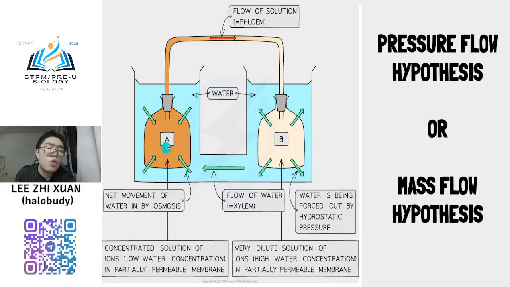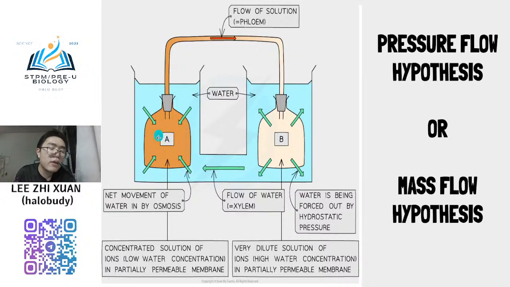So what does it mean? It means that A is the source. If you apply it to the plant, it is the leaf. Why is it a leaf? Because water molecules are diffused into A. And why do water molecules diffuse into A?